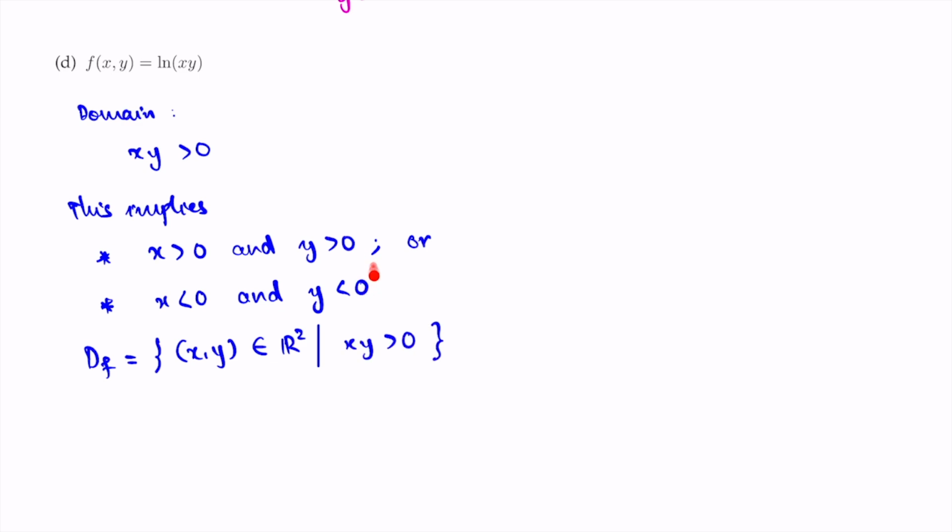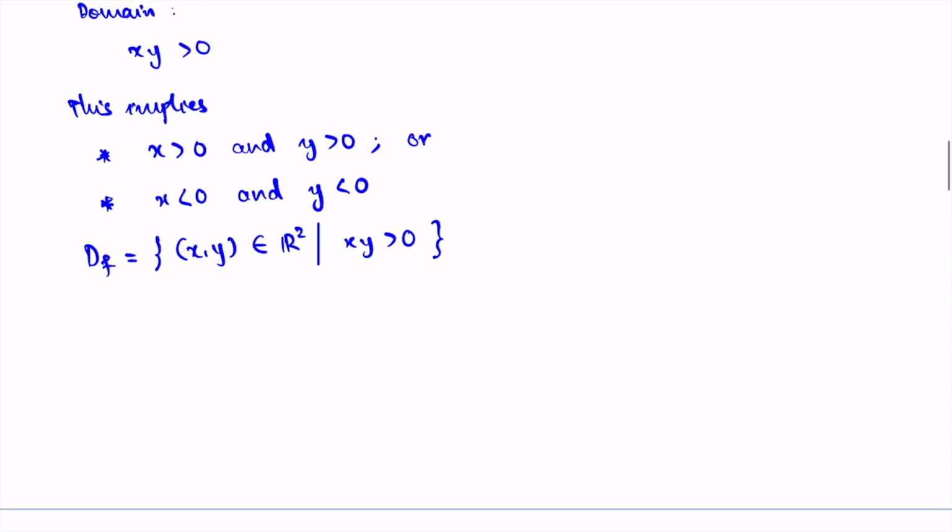These two scenarios, we can actually visualize. So how could you do it? You again plot the 2D plane or the xy plane. So this is x, this is y, this is 0. In the case of x greater than 0 and y greater than 0, that means you choose the first quadrant of the xy plane. In the second scenario, you have x less than 0 and y less than 0.